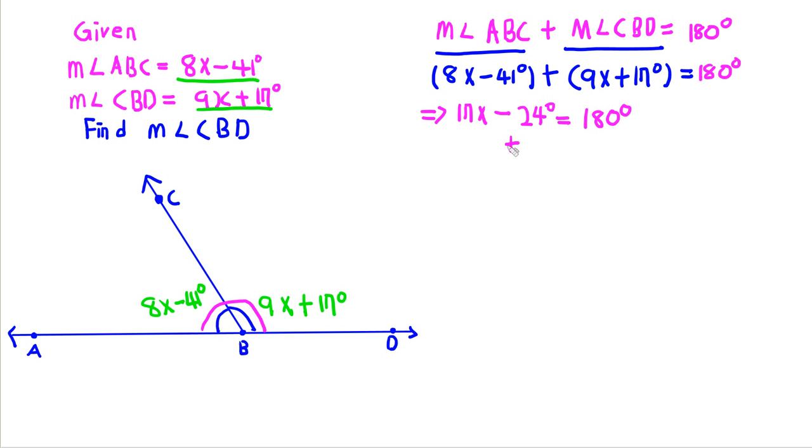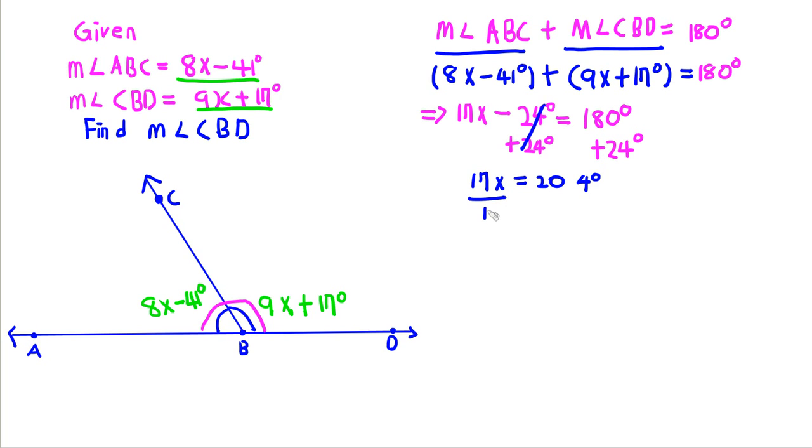If we add 24 degrees to both sides to keep it equal, we isolate 17x. On the left side the 24 degrees cancels out, and 17x should be equal to 180 degrees plus 24 degrees, which gives us 204 degrees.